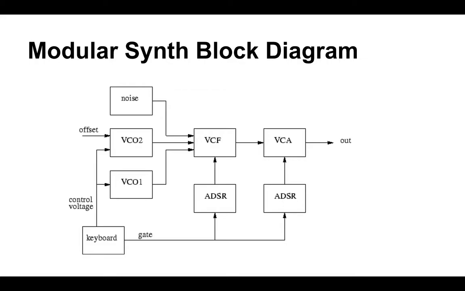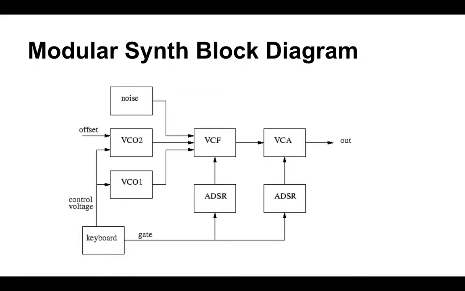This is a synth block diagram of what a modular synth might look like, and there are many examples of this. If you look at something like a Moog, you have all of these different plugs that can plug different modules together, because each thing is encompassed in its own block. We have the keyboard here.